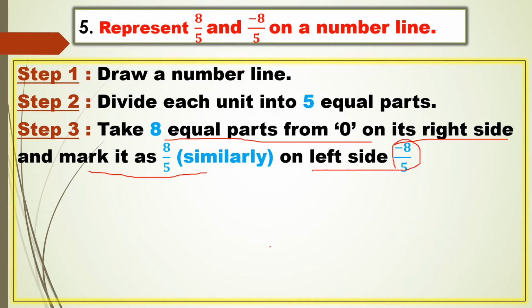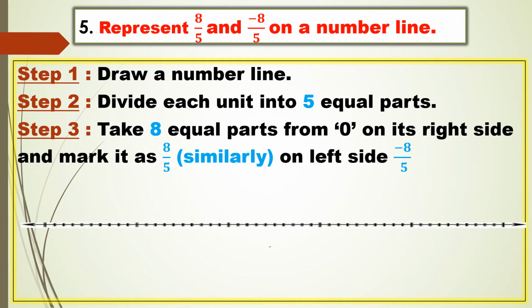Clear? So the first step is to draw a number line. So we have drawn a number line. Now next, divide it into 5 equal parts. So 5 equal parts: 1, 2, 3, 4, 5. Means here it is 1, here it is 2, here it is 3.